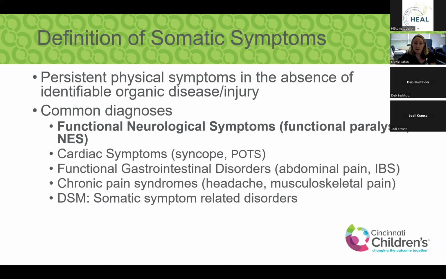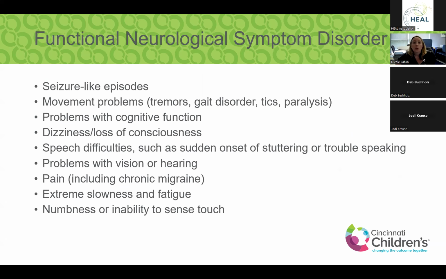But again, these are physical symptoms that are popping up in the absence of a co-occurring underlying disease or injury. They may be occurring after a disease or an injury, but they are not occurring at the same time. So if we're really thinking about functional neurological symptom disorder specifically, this is also sometimes called functional neurological disorder.